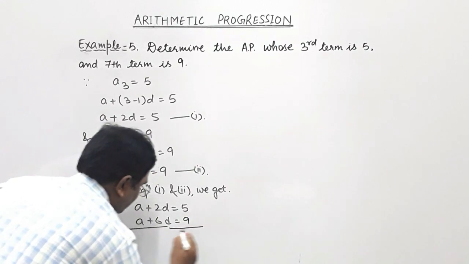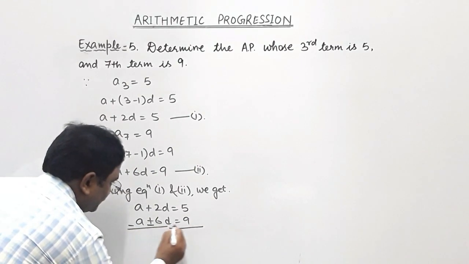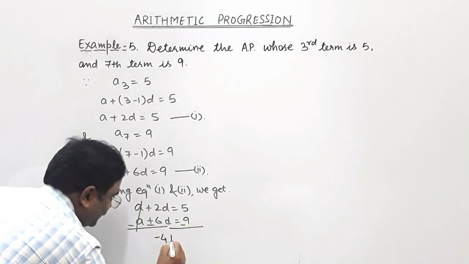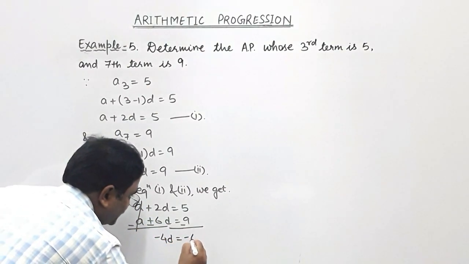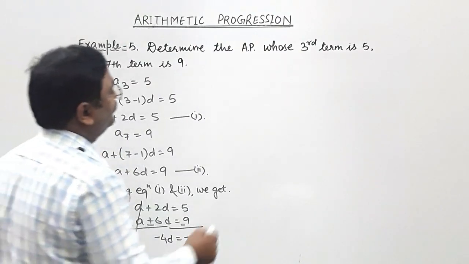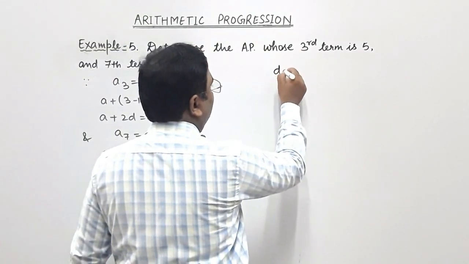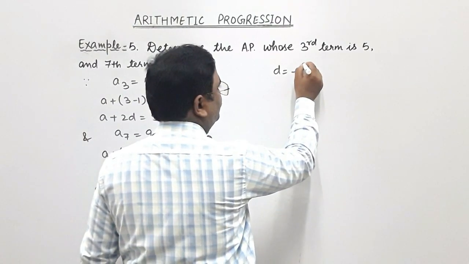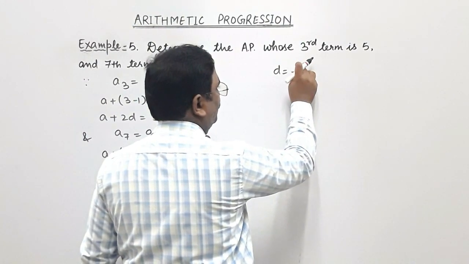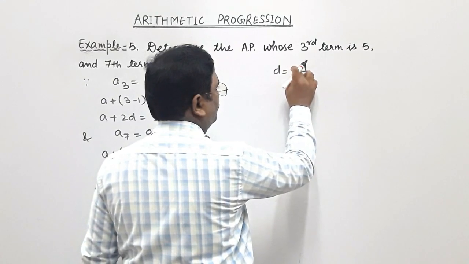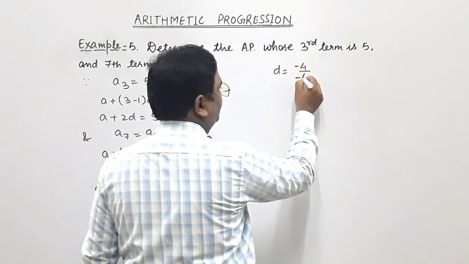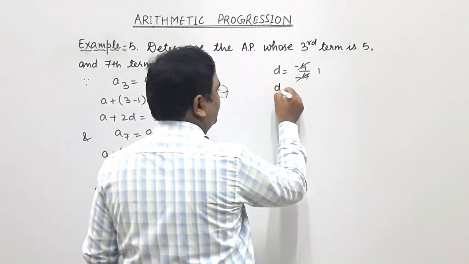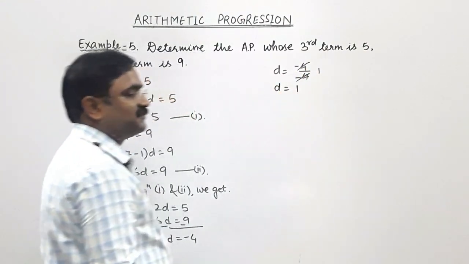Let us subtract both the equations. So you will get a is cancelled, minus 4d is equal to minus 4. So therefore, d is equal to minus 4 upon minus 4. So you get d is equal to 1. The common difference came plus 1.